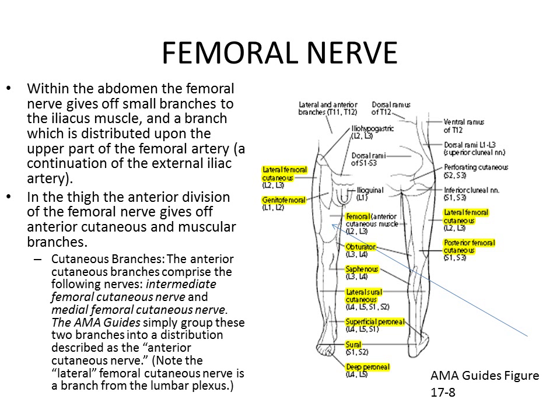Now, before it does so, within the abdomen, the femoral nerve gives off small branches to the iliacus muscle, and a branch which is distributed upon the upper part of the femoral artery, which then continues downward. And then in the thigh, the anterior division of the femoral nerve gives off anterior cutaneous and muscular branches.